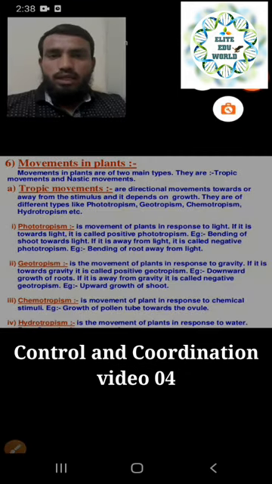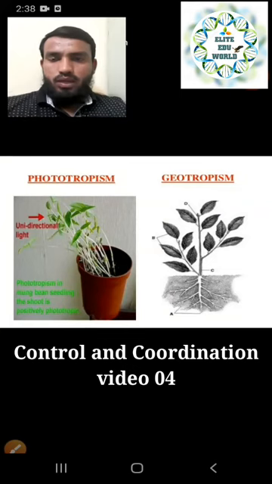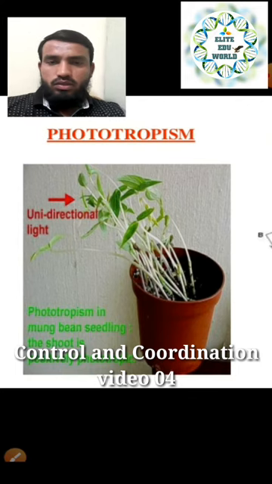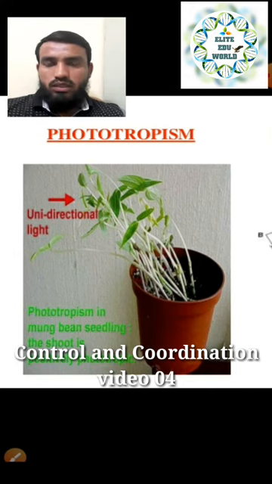So in the next slide we will see examples of phototropism. Here you can see when you are keeping a plant near the window, they are just growing towards the light. So that is a unidirectional light, we can say.